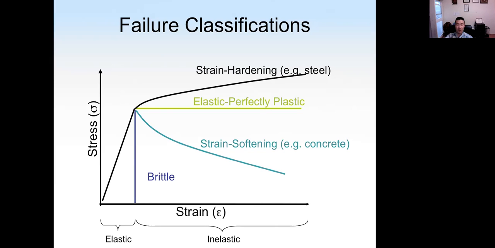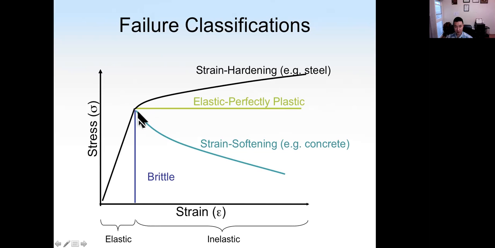So again, for all the materials, initially they will have an elastic region, which means the curve is straight, the E value does not change. After the elastic region, if the resistance increases, the stress level increases, we call that strain hardening materials. For example, steel.